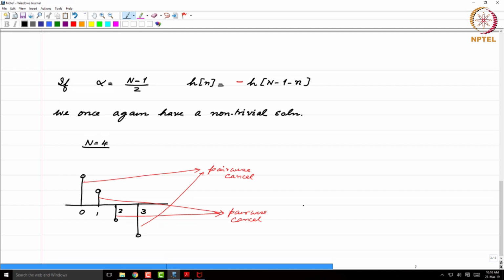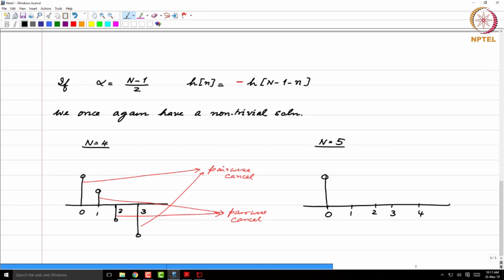Now, on the other hand, if you have now N equals 5, so we have 0, 1, 2, 3, 4, 0 to N minus 1.